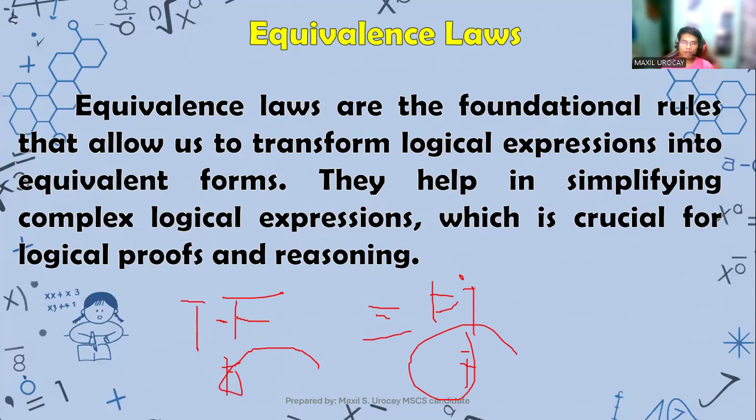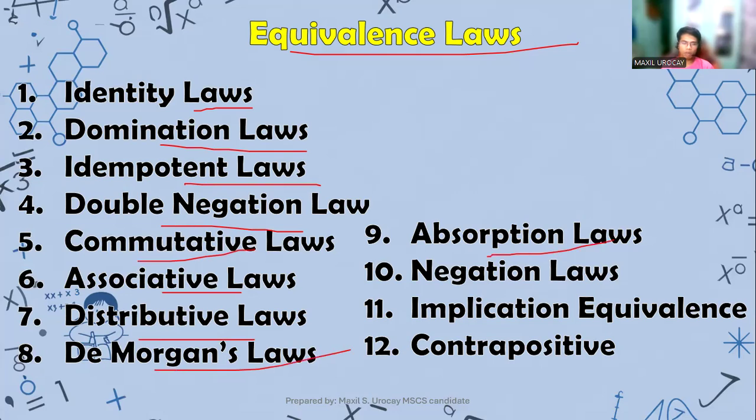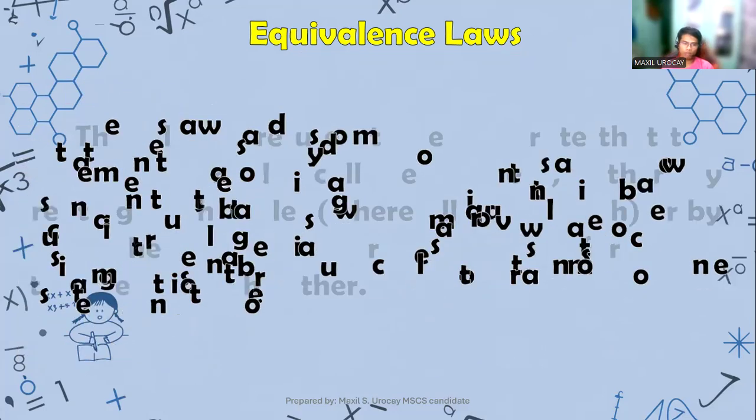So we have categories, types of equivalence laws. We have 12: identity, domination, idempotent, double negation, commutative, associative, distributive, De Morgan's, absorption, negation, implication, and contrapositive. Let's try to work on that one by one.